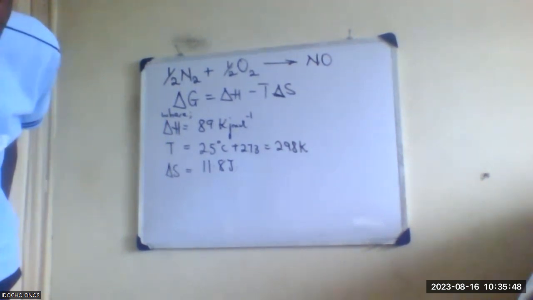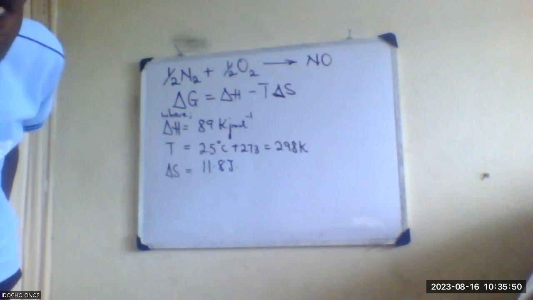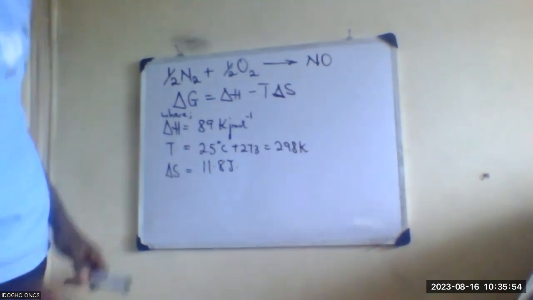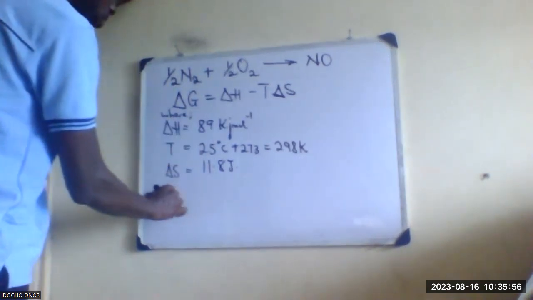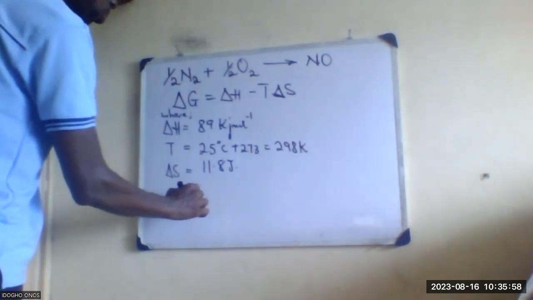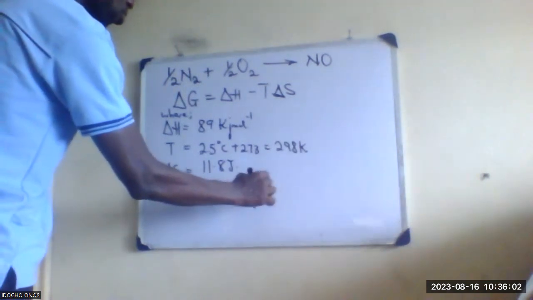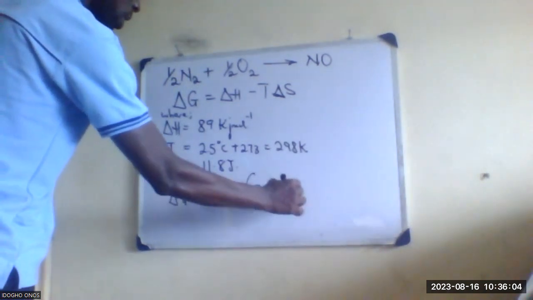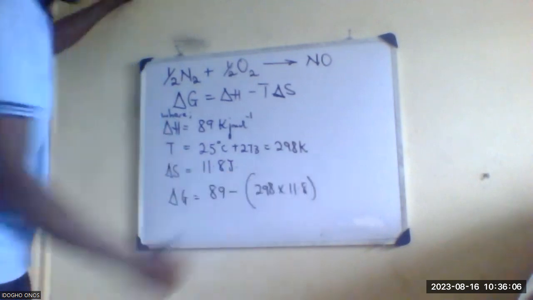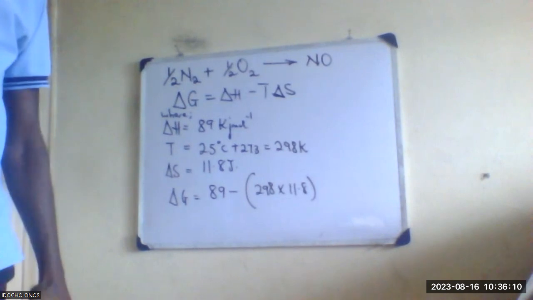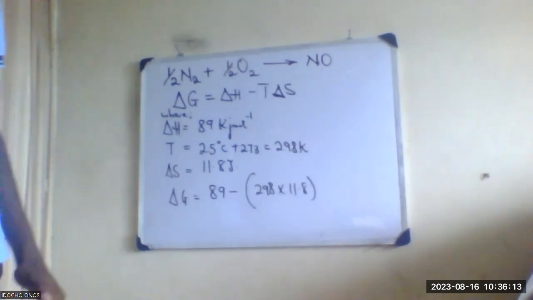Then by substitution, what do we have? So the next thing is to now substitute: delta G equals 89 minus open bracket 298 times 11.8. Is that taken? Yes. Okay.